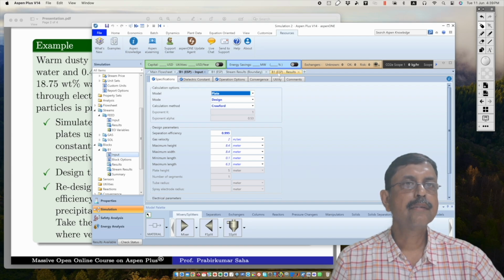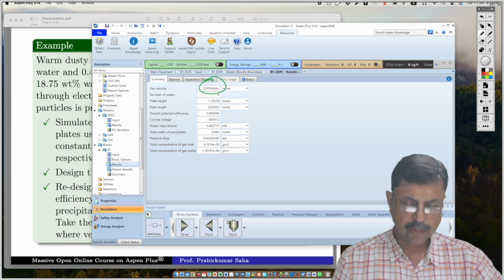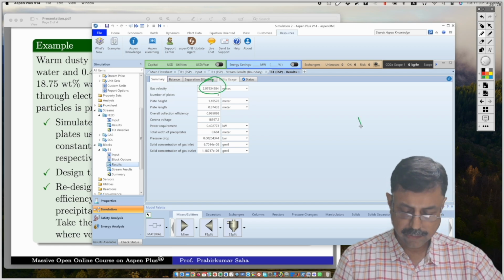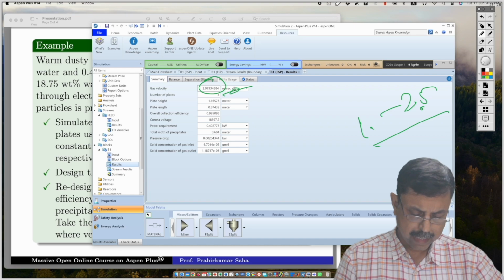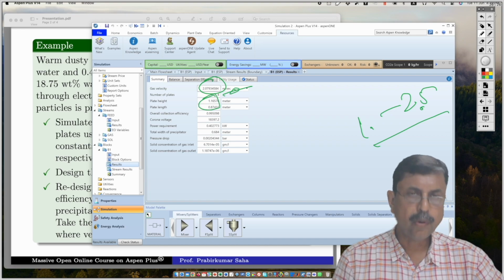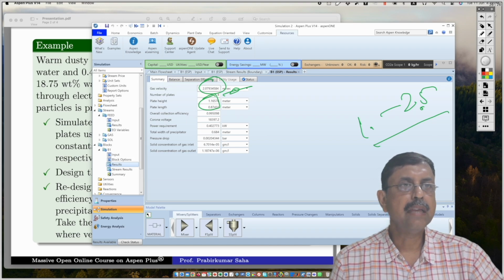Now let us see the results. Gas velocity is 2.07 meter per second. It is also within the range of 1 to 2.5. And then it needs 4 plates. And the plate height and length both have reduced because we were using 5 cross 5.